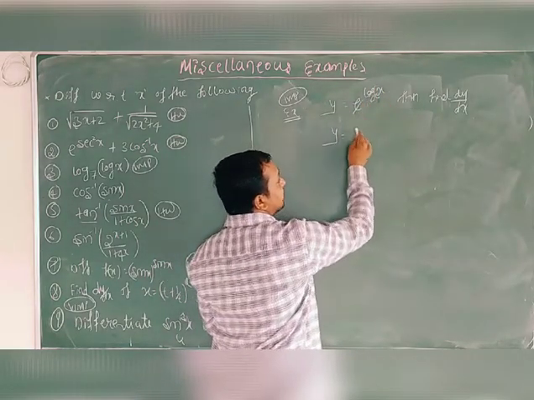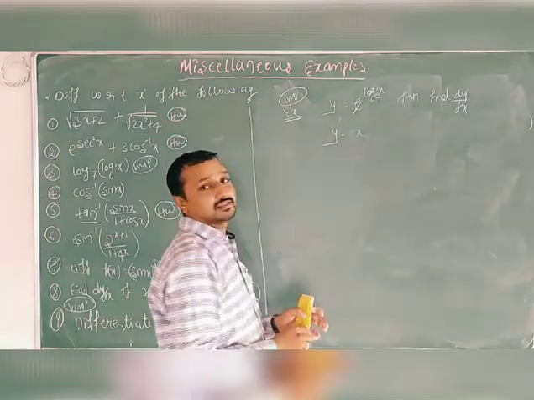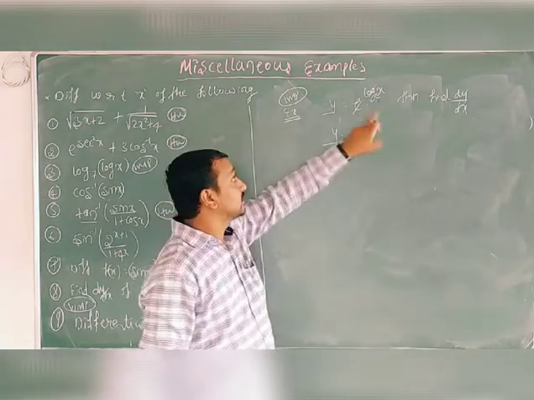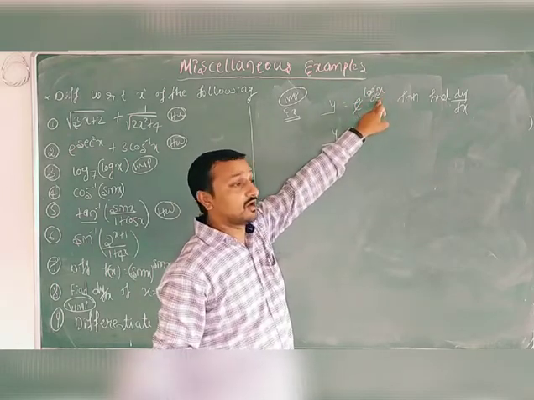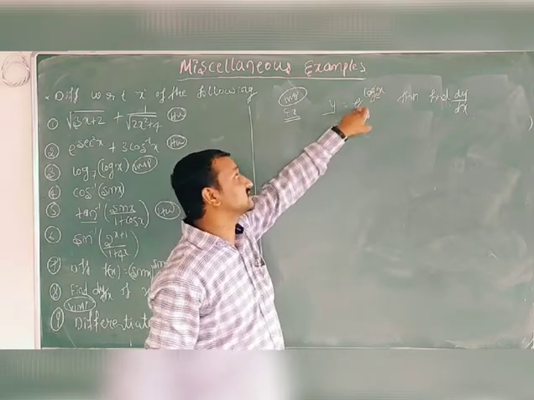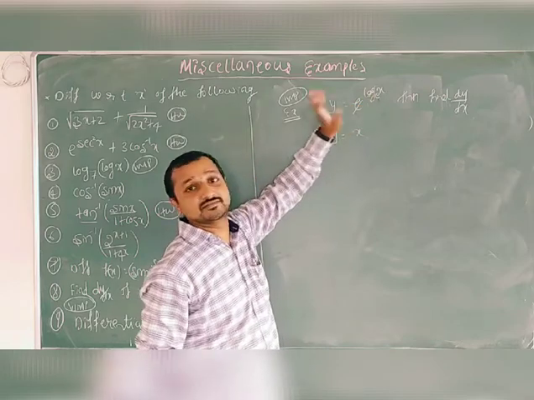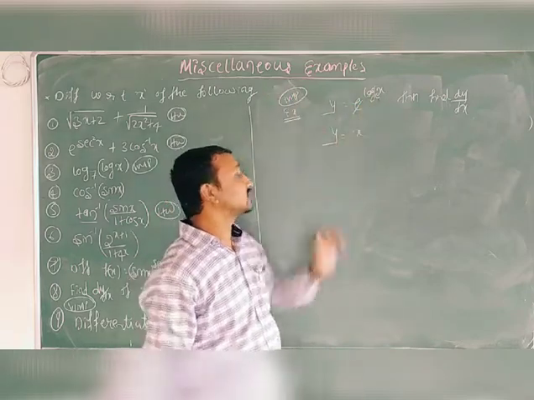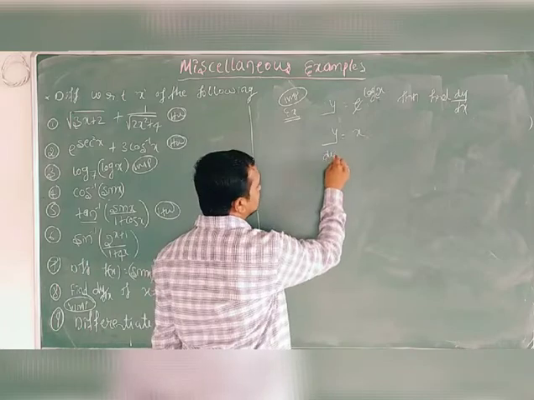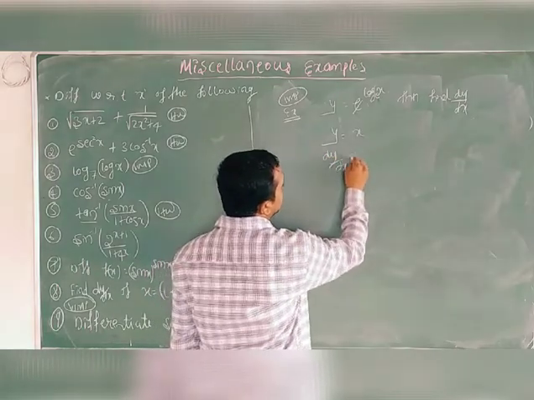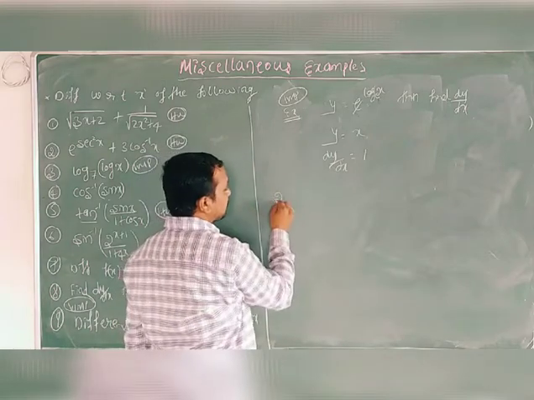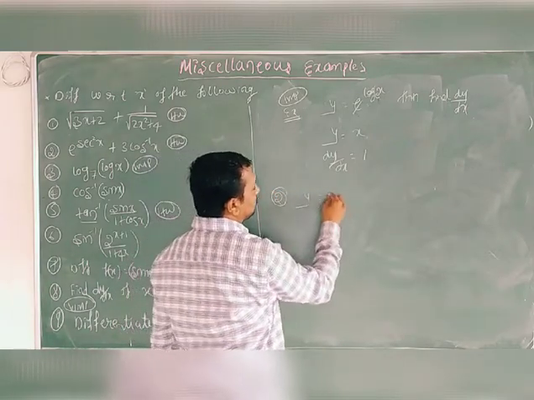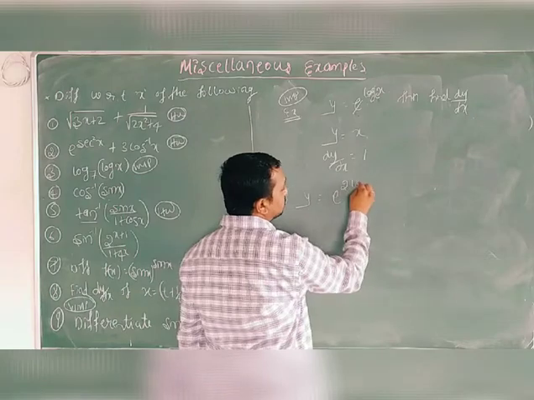The exponential function and log to the base e are inverse to each other, so they get cancelled, remaining x. So y equals x. Is that clear? Then dy by dx equals 1.